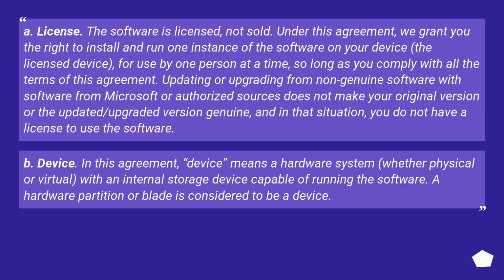Updating or upgrading from non-genuine software with software from Microsoft or authorized sources does not make your original version or the updated/upgraded version genuine, and in that situation, you do not have a license to use the software. B. Device. In this agreement, device means a hardware system, whether physical or virtual, with an internal storage device capable of running the software. A hardware partition or blade is considered to be a device.